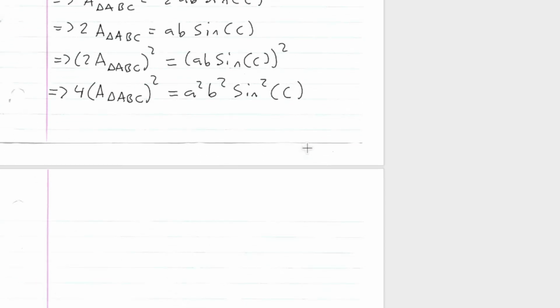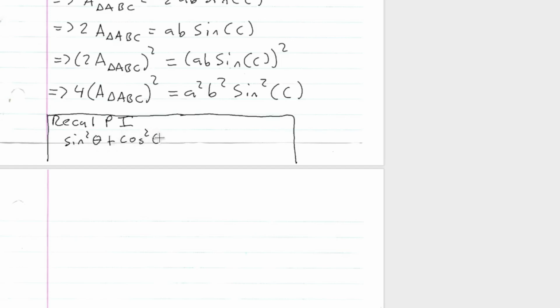All right, so remember the Pythagorean identity. So we'll do a little box here. So recall the Pythagorean identity, which states that sine squared of any angle plus cosine squared of any angle is equal to 1.